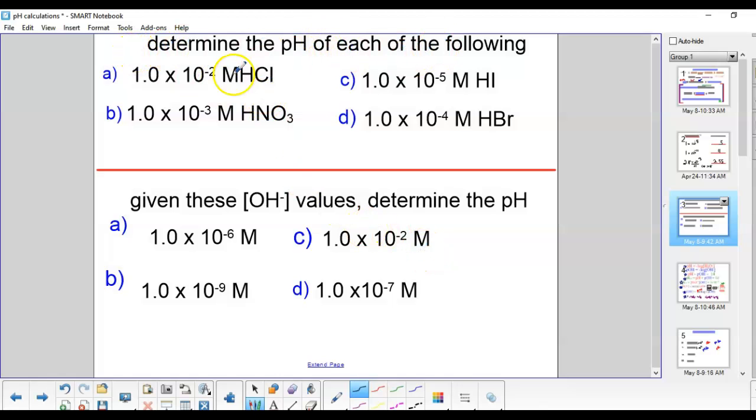Let's take a look at some other examples. Determine the pH of each of the following. Well, my concentration is 1 times 10 to the minus 2. I have a monoprotic acid. If you don't remember what monoprotic means, you're going to need to look at the video notes from acid-base lectures, and we're going to see that we're going to get a 2, and here we'll get a 3, and here we'll get a 5, and here we'll get a 4.